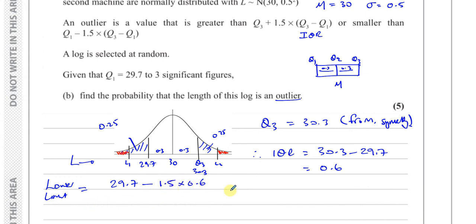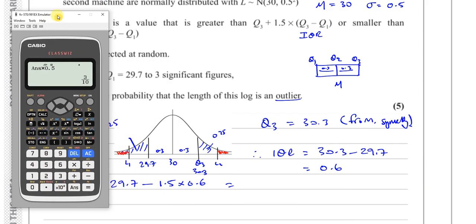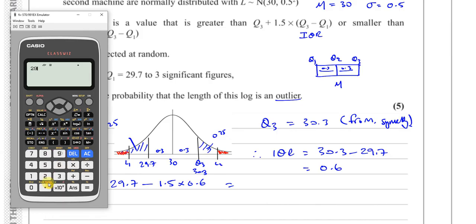0.6. So the lower limit of this is going to be, so we have 0.6 times 0.5, whoops, okay, that's 3/10, and you have to do 29.7 minus that, which gives us 29.4. Let's make sure of that.